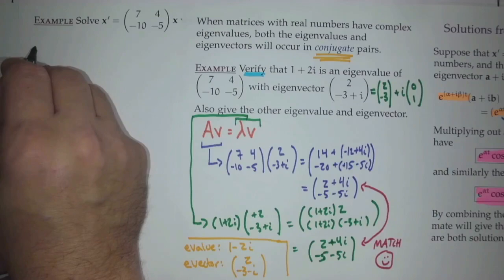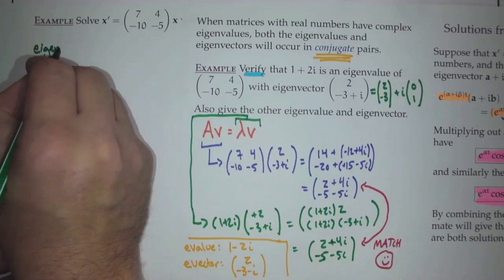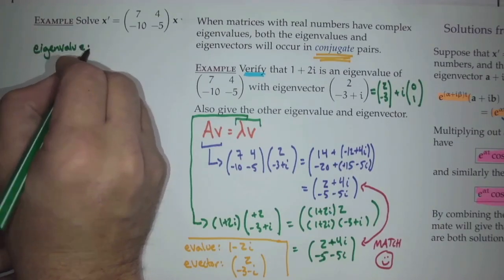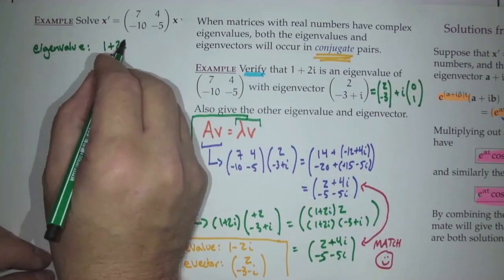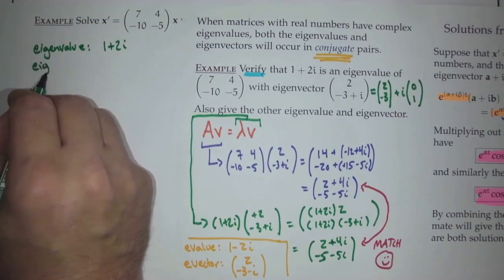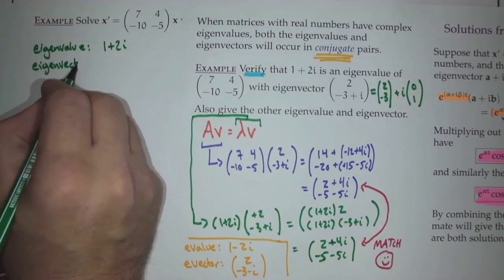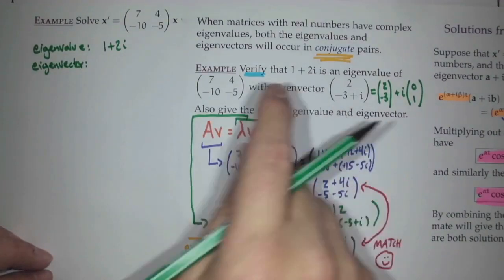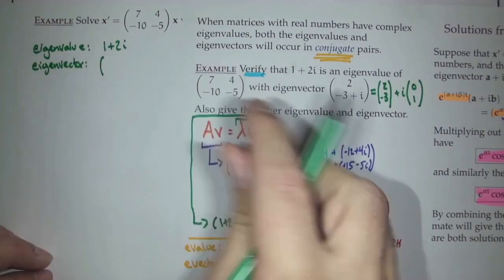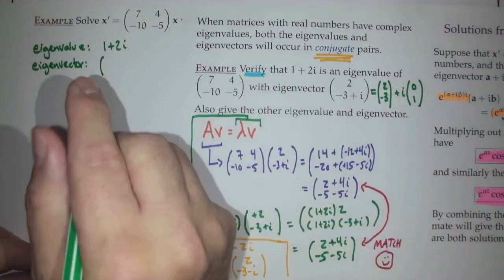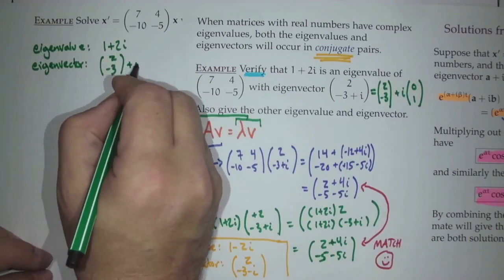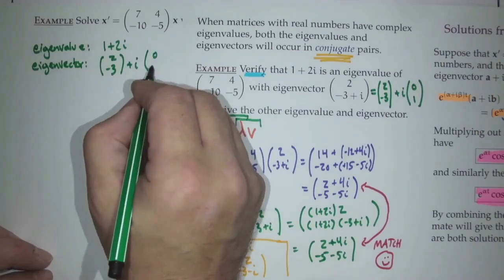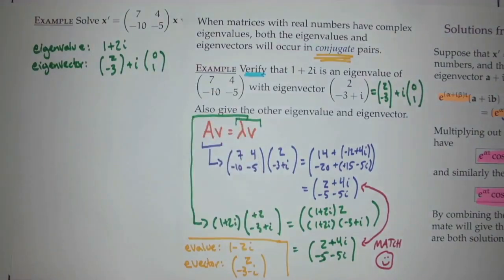Okay, so we have our eigenvalue, and that'll be 1 plus 2i, and our eigenvector. And I'm going to write it in the form where we split it. So 2, minus 3, plus i times 0, 1. Okay.